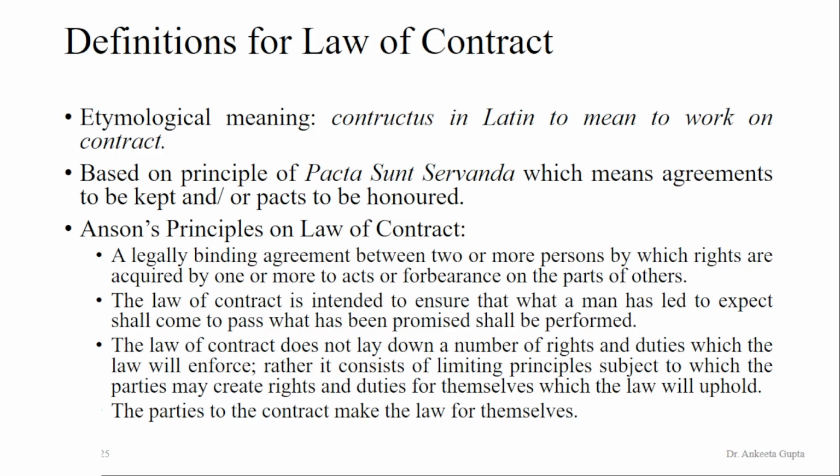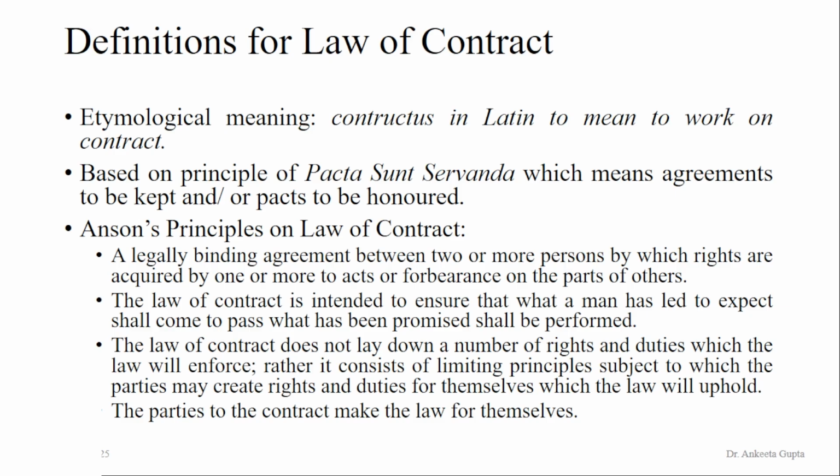Now, here they are either agreeing to do something or forbearance on others to not do something. You either say that I will do something, or you forbid somebody else to not do something. That is also the law of contract. It is not always doing, but to abstain from doing something, that, okay, I am not going to attack your ship. That is also a law of contract. That is also a principle of contract, like I just talked to you in terms of pacta sunt servanda.